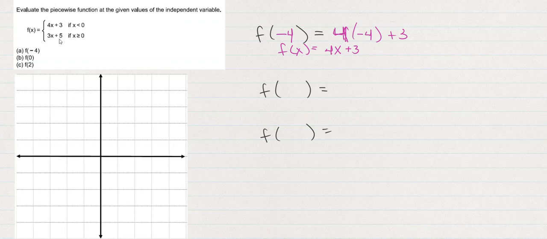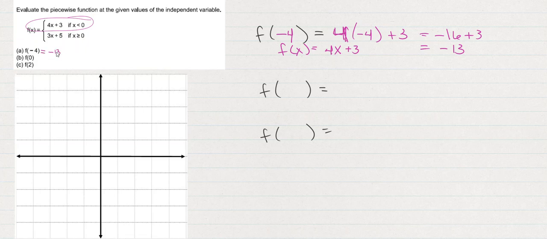Because when x is -4, the piece that we use is the 4x plus 3. So that's -16 plus 3, or -13. So when x is -4, the value of the function is -13.